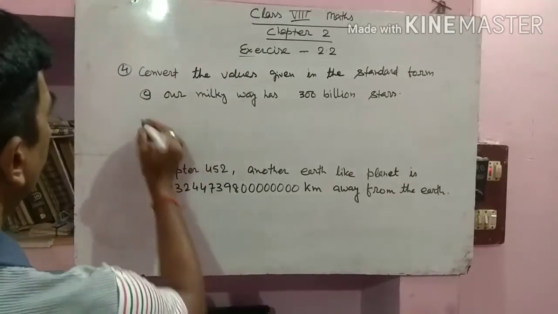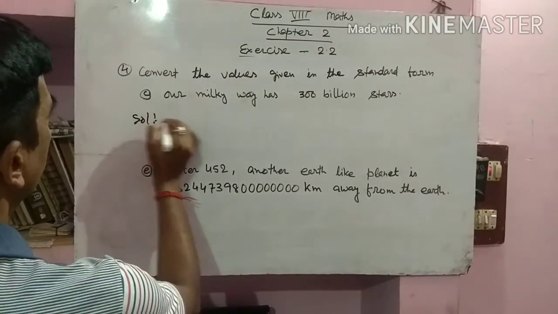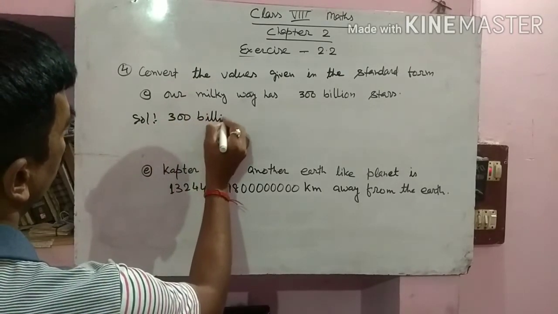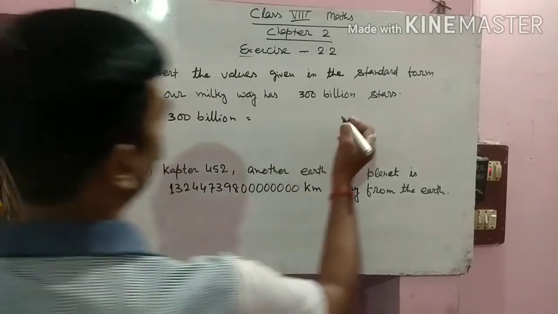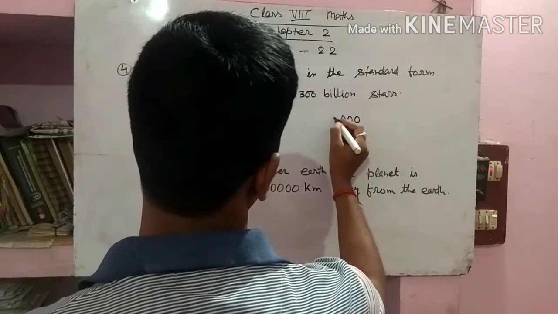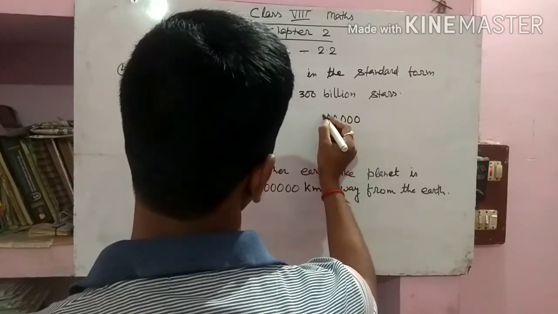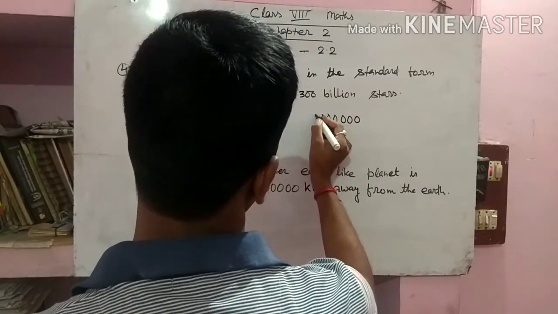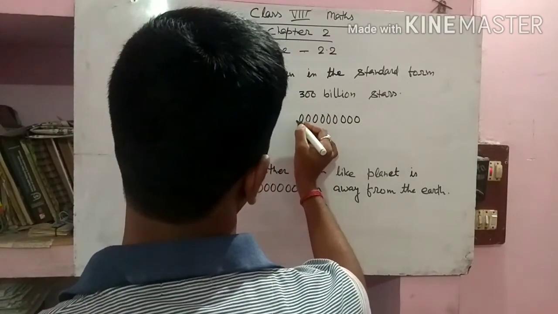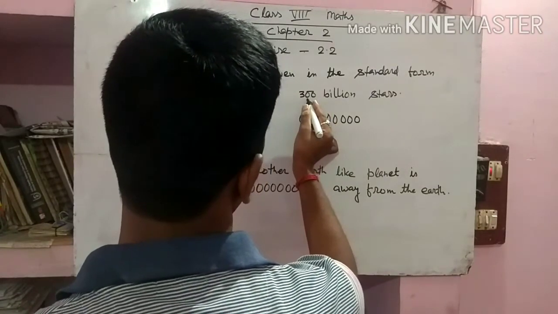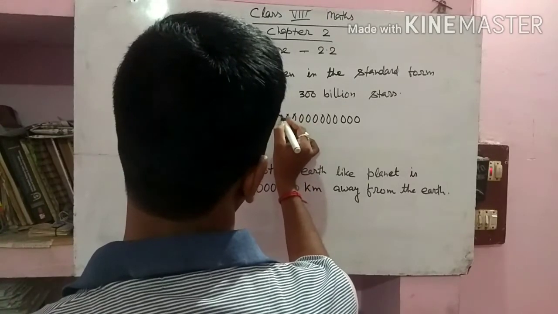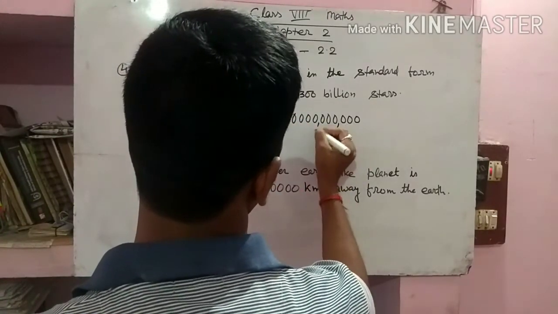So first of all, we have to write that 300 billion is equal to 1, 10, 100, 1000, 10,000, 100,000, million, 10 million, 100 million. Then this is billion, 10 billion and 100 billion. So 1, 2 and this 3. So this is 3, 3, 3.